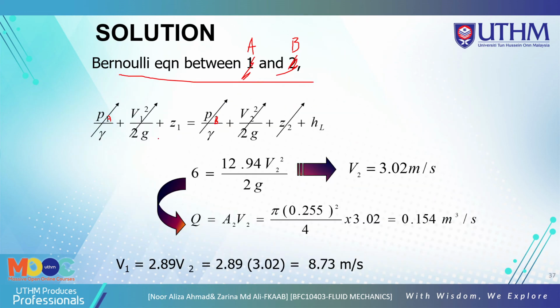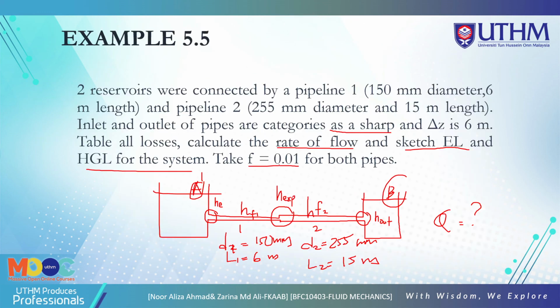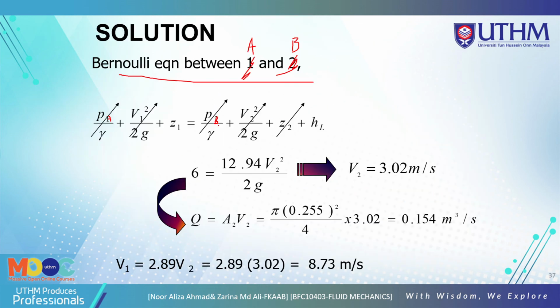The pressures PA and PB are 0, and this is 0 also. So from point A to point B, through pipe 1 and pipe 2, we get the value Z1 minus Z2.